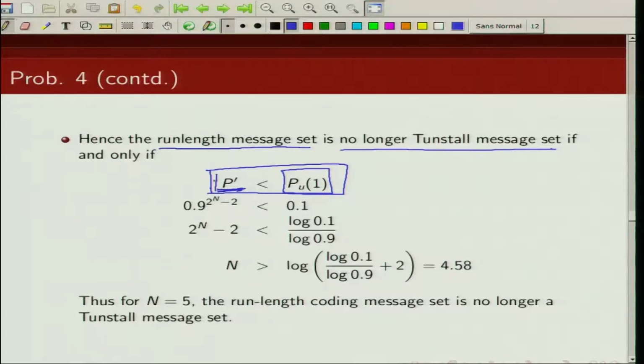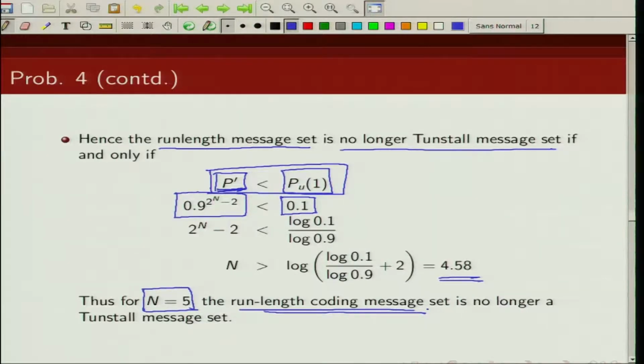And what is this intermediate probability? That intermediate probability is given by this, we have just calculated, and probability of 1 is given by this. So after simplification, what we get is n should be greater than this. That means if n is greater than 5, then run length coding is no longer going to be a Tungstall message set.